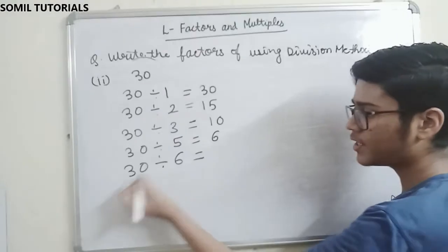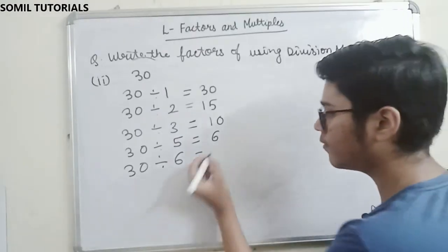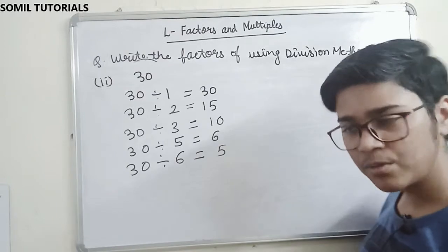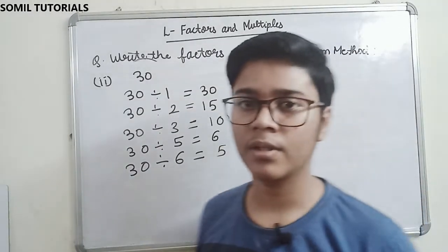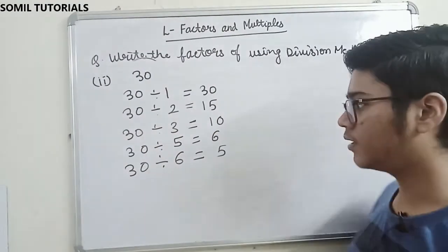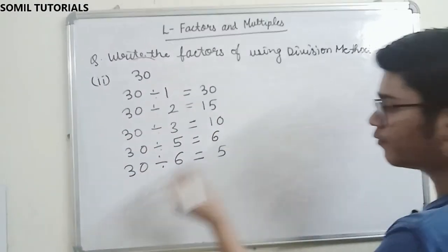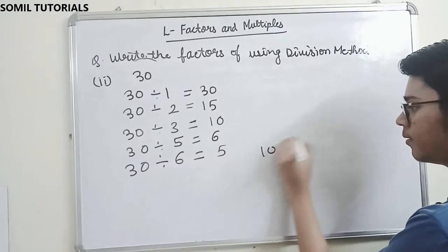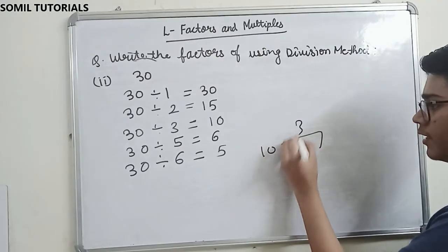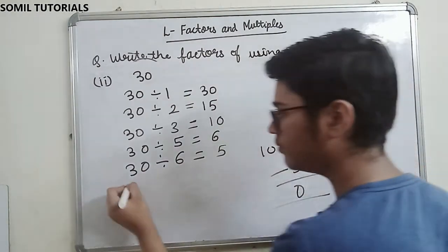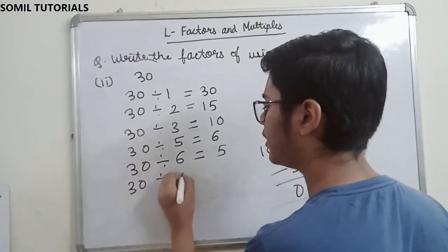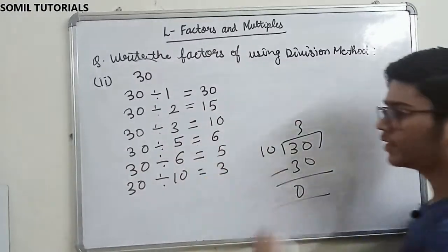So when you divide 30 by 6, the quotient you will get is 5, remainder obviously 0. Okay, 7 never comes. 8 also not coming in the 30 table. 9 also no. 10. Let us try for 10. 10 3s are 30. Remainder 0. 30 divided by 10, we are getting 3.